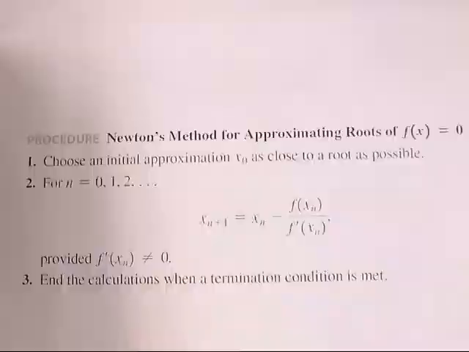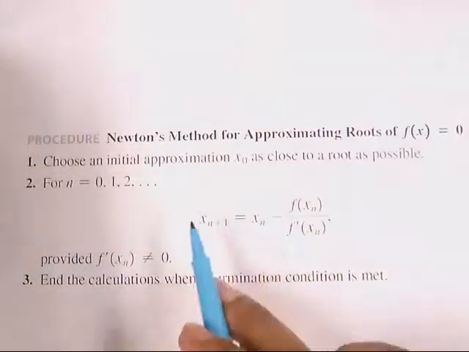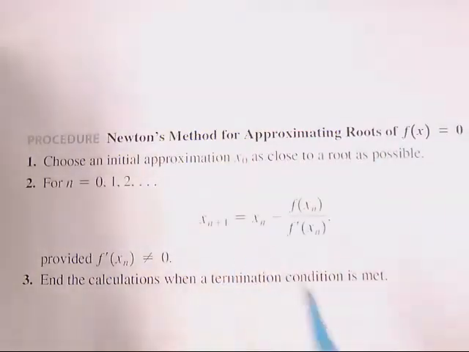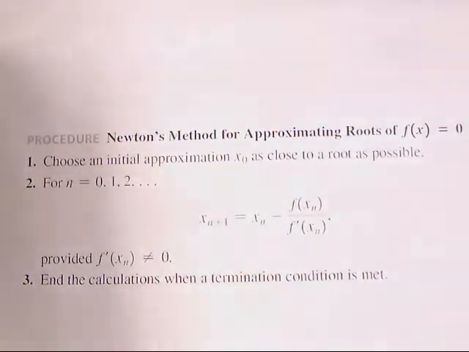And then, for n equal to 0, 1, 2, and so on, this is your Newton's method formula: x of n plus 1 equals x of n minus f of x of n divided by f prime of x of n, with the provision that the first derivative at x of n is not equal to 0. And then you're going to end the calculations when a termination condition is met.